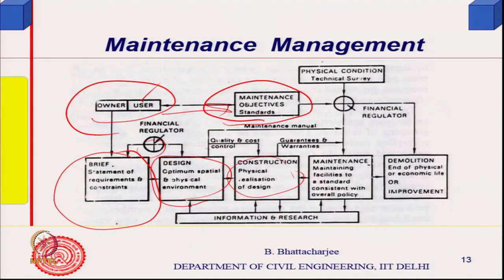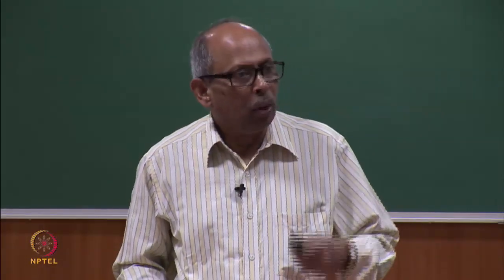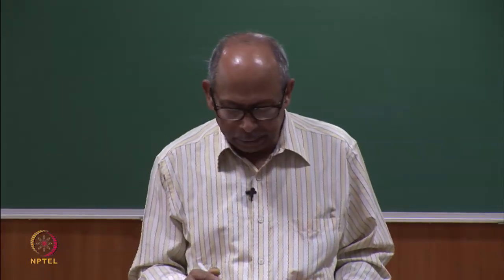user, and then once the design is over, the construction is a realization, and in between comes the cost, quality control, etc. And during the design stage itself, you fix up the maintenance manual, what should be done, because maintenance is related to design decisions.